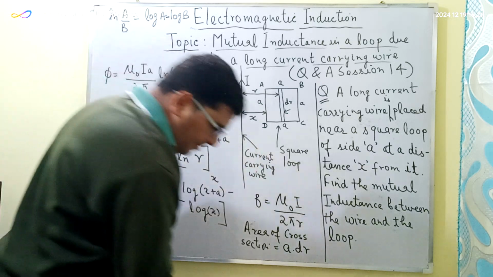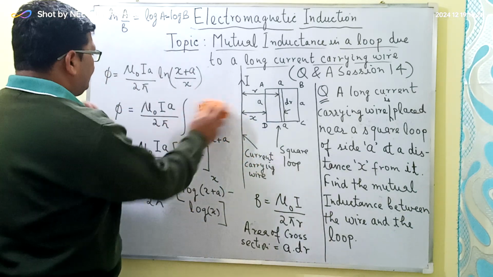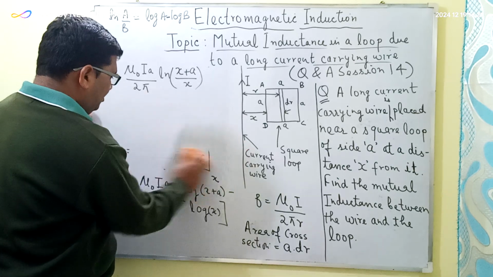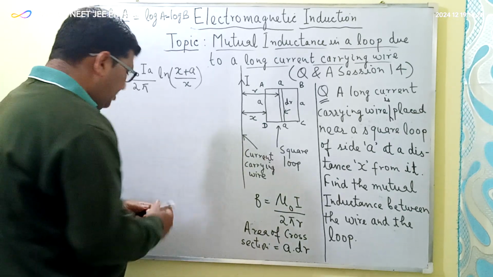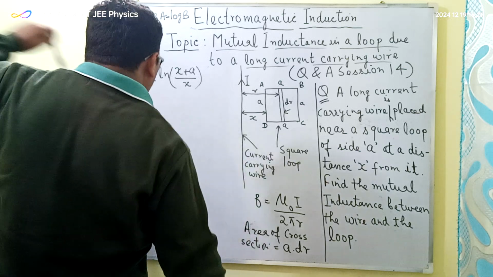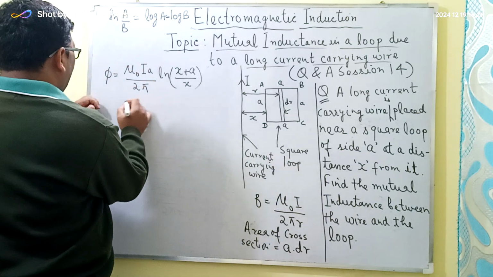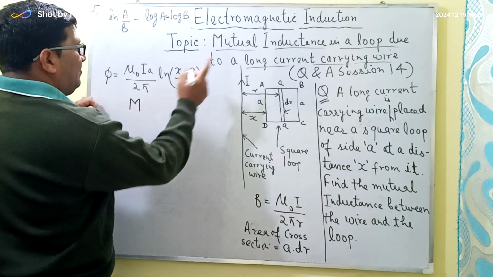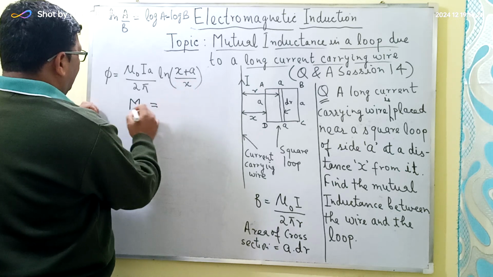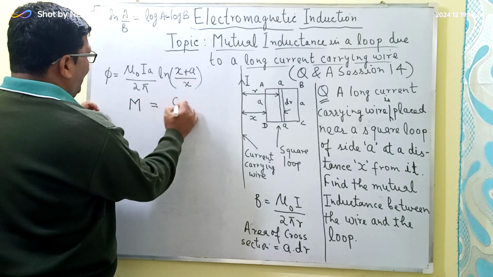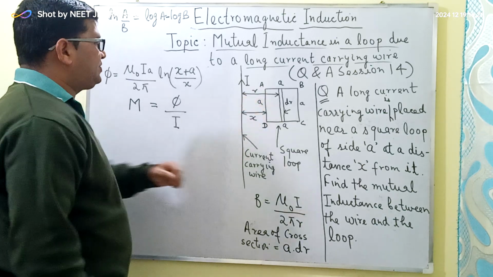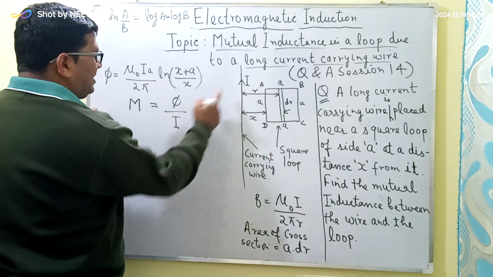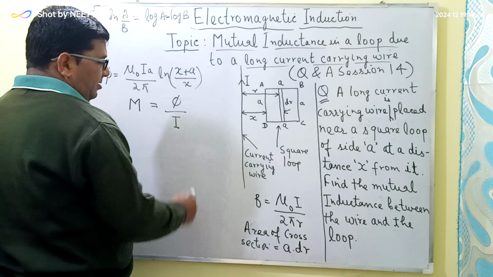Now we have to find the mutual inductance. So the mutual inductance, as we have just studied, is equal to phi, that is the magnetic flux linked with this square loop ABCD, divided by the current which is flowing in this wire.